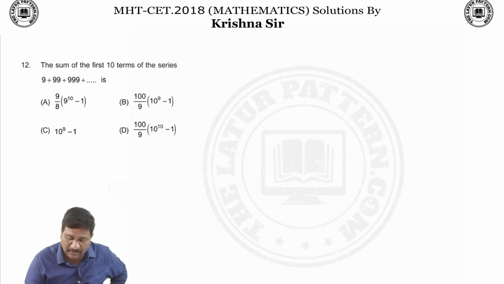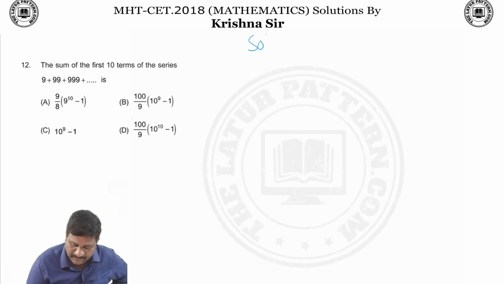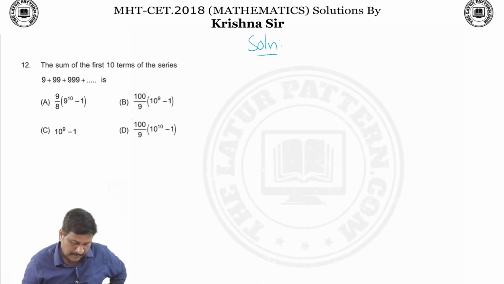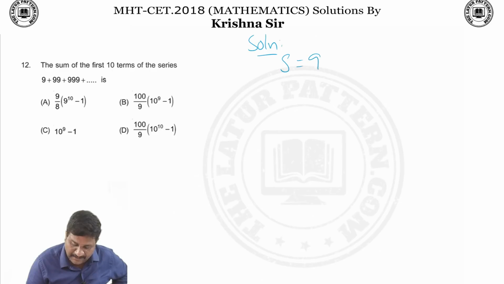The solution of question number 12. So the sum of the first 10 terms of the series. The given series is 9, 99, 999 and so on, 10 terms.